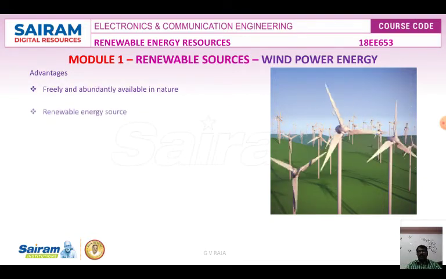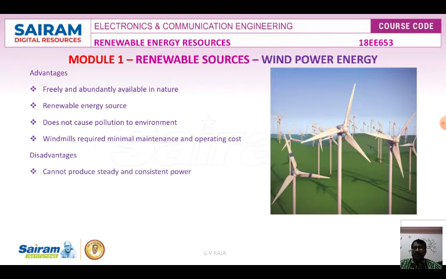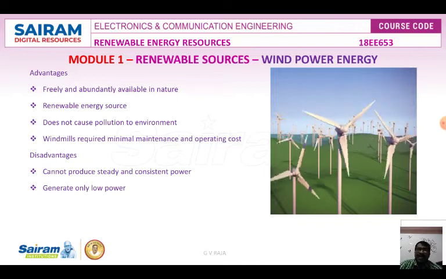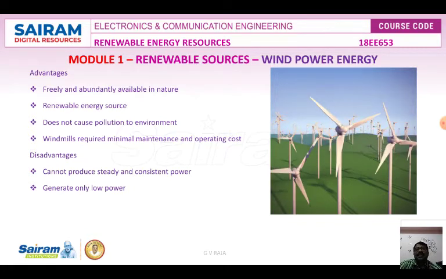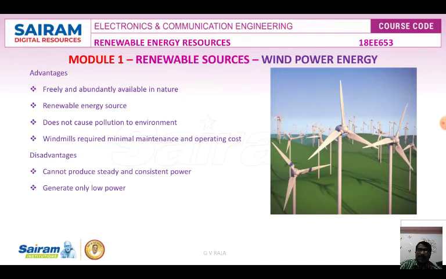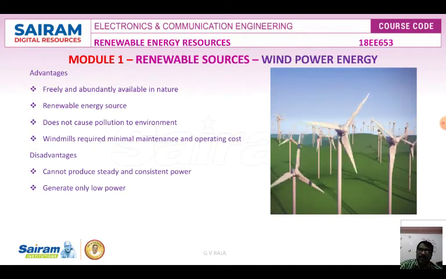Advantages and disadvantages are as follows. It is freely available in nature, and enormous amounts of air are available. It is a renewable energy source, a natural resource, and it cannot be depleted over the years.